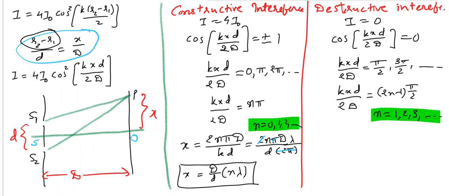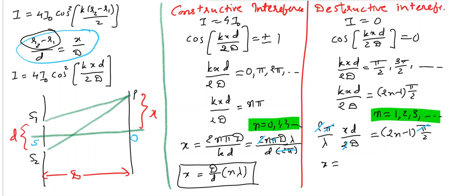Again, in this equation, if I make x the subject of the formula, let me change the way. I take k to be 2 pi by lambda here itself. Now if I simplify it for x, here the 2 and 2 will get cancelled out, pi and pi will get cancelled out.